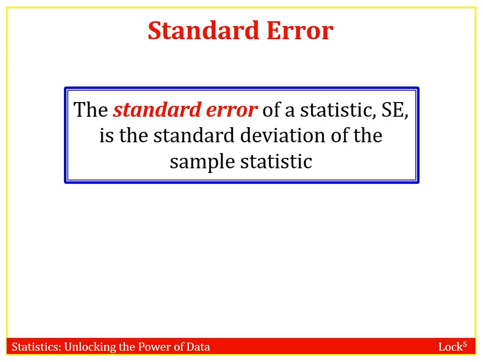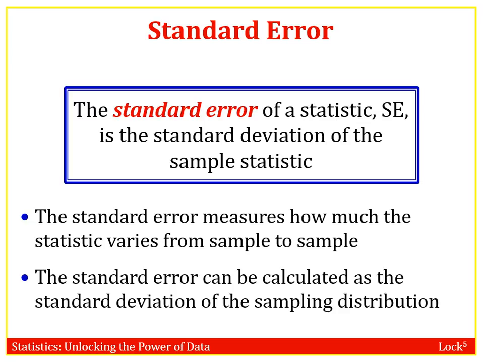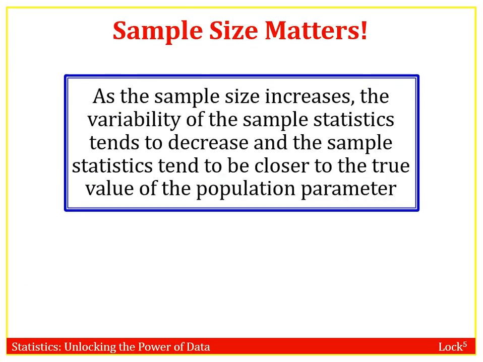The standard error of a statistic is the standard deviation of that sample statistic, or the standard deviation of that sampling distribution. A standard error measures how much your statistic varies from sample to sample.